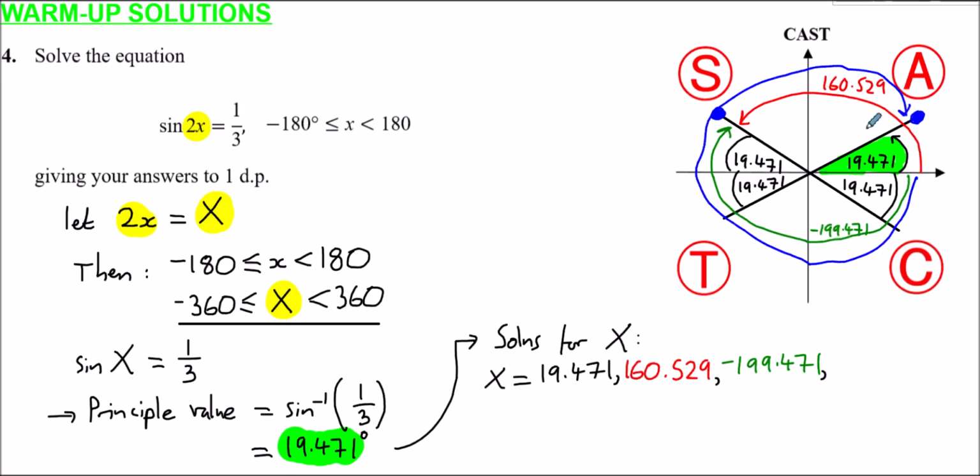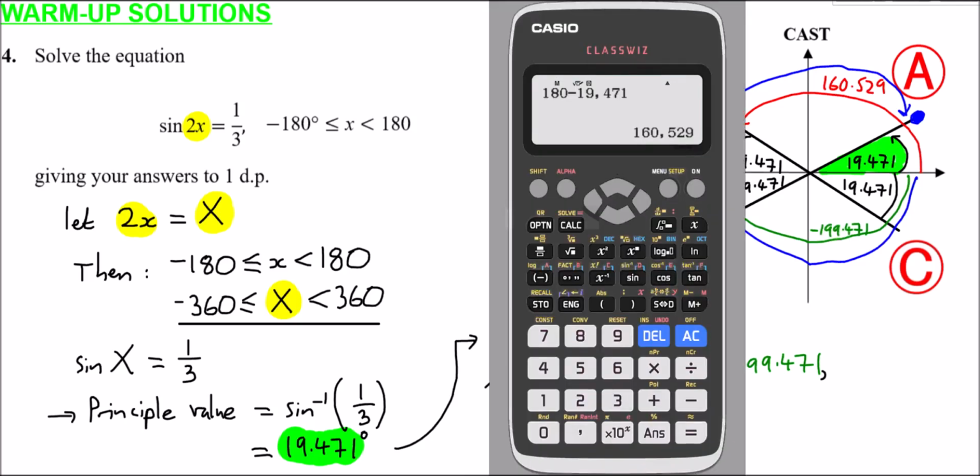And so that one is actually minus 360 plus 19.471. It's almost a full negative 360 apart from this 19.471. So what we do here, it's 19.471 minus 360. It's minus 340.529.